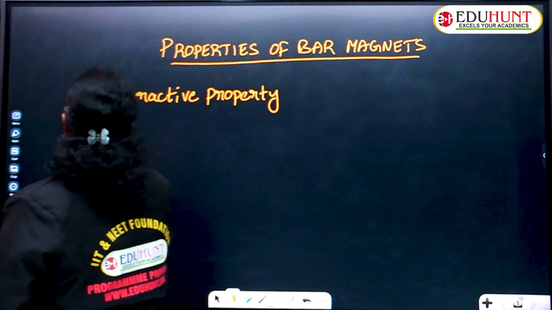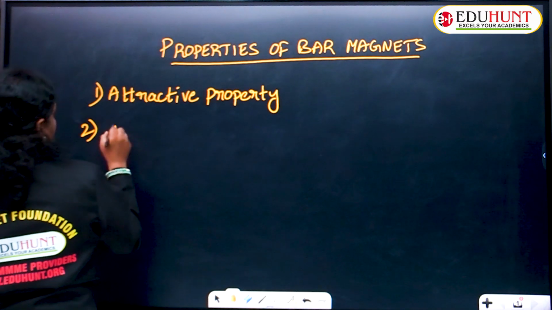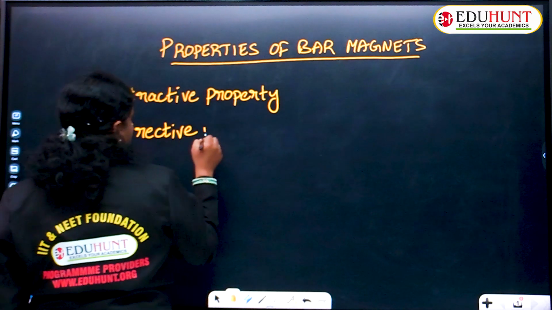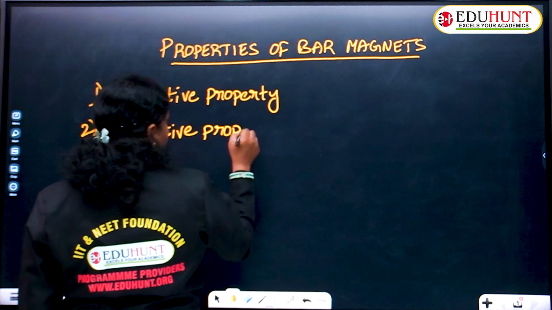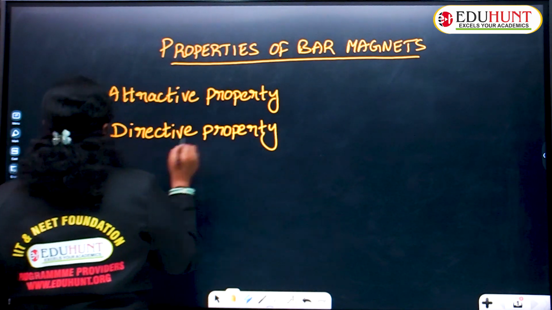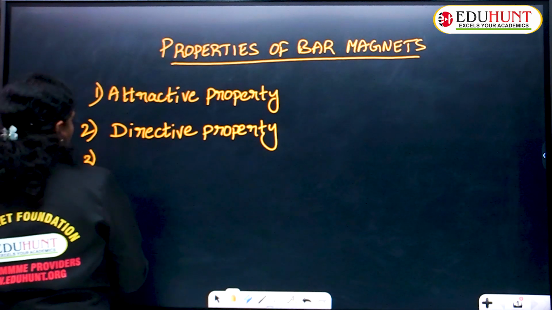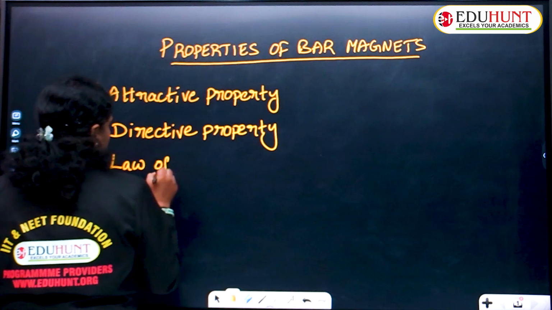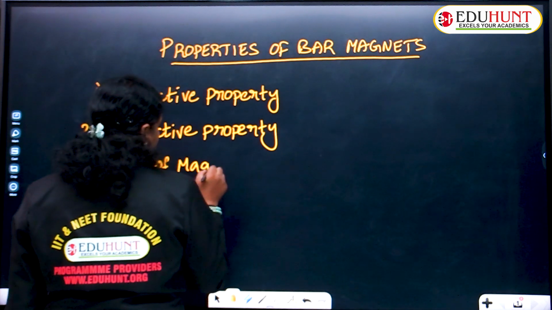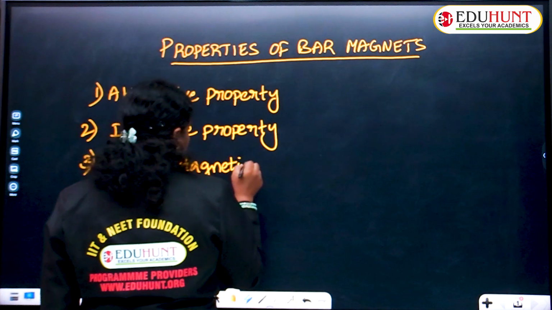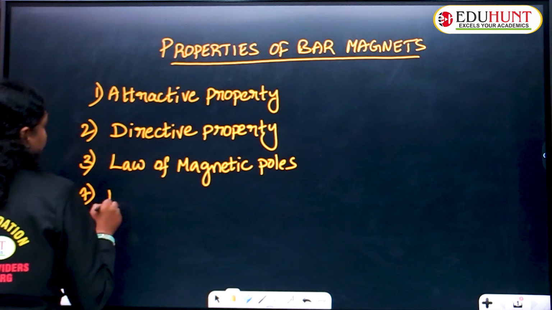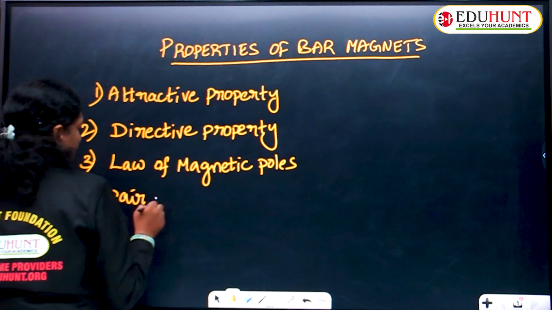Second, directive property. Third, law of magnetic poles. And one more is pair property.